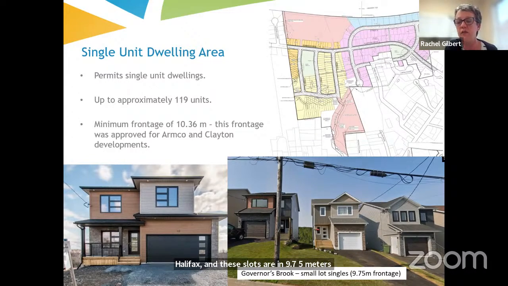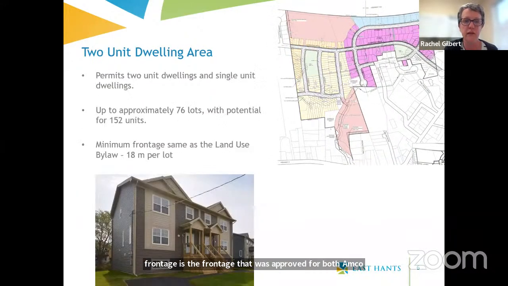So it just gives you a visual of what that looks like with those smaller lot singles. Approximately 119 units, and you can see that area is this yellow area here, closer to Elmwood Drive. And also just to note that that 10.36 meter frontage is the frontage that was approved for both AMCO and the Clayton developments for their single unit dwellings.